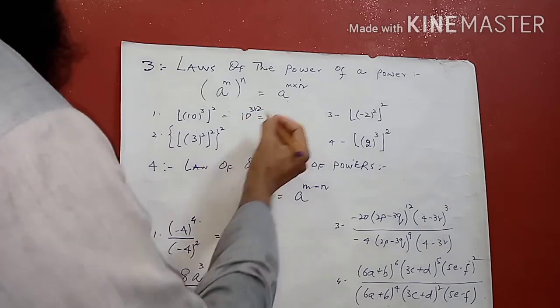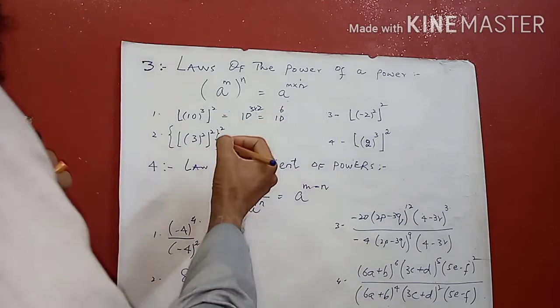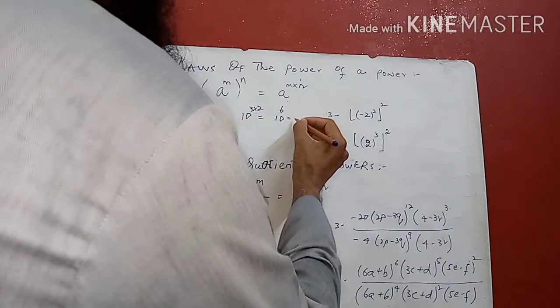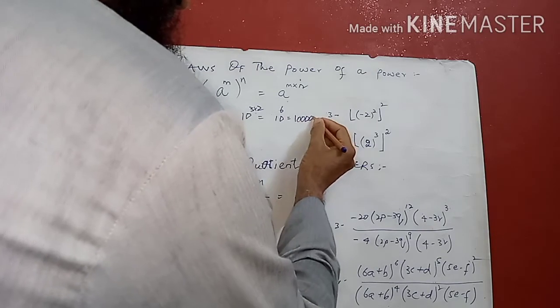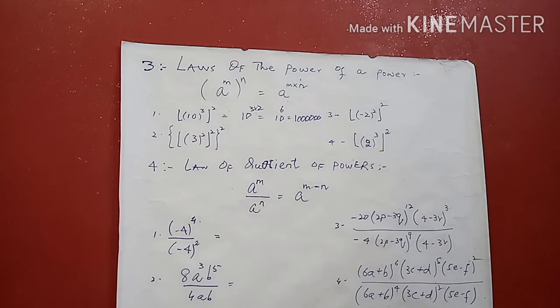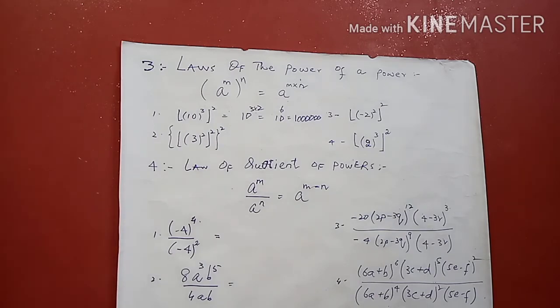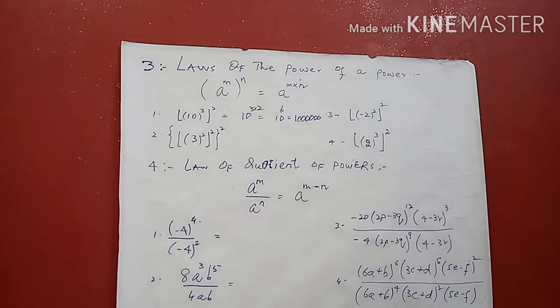The answer comes as 10 raised to power 6. That means there are 6 zeros with 1. This is the answer. If we have a very large power, we do not expand it.